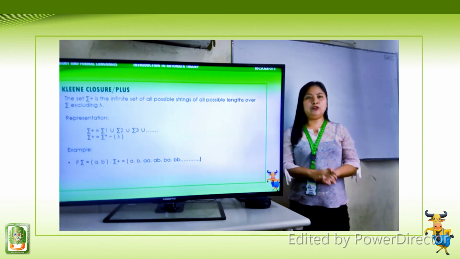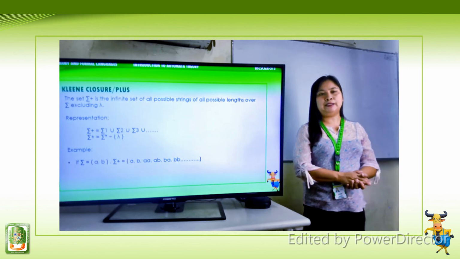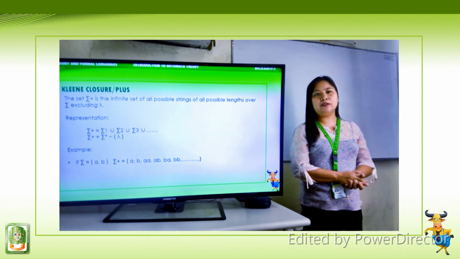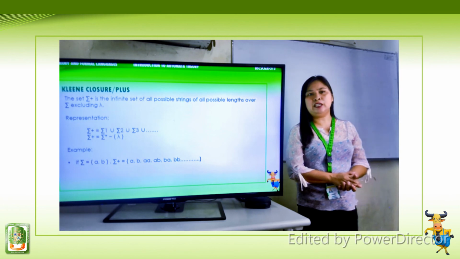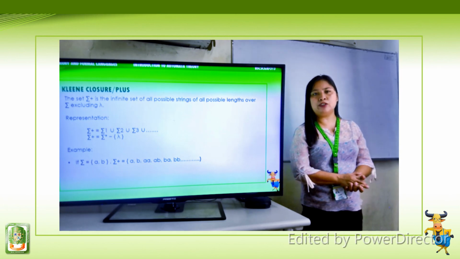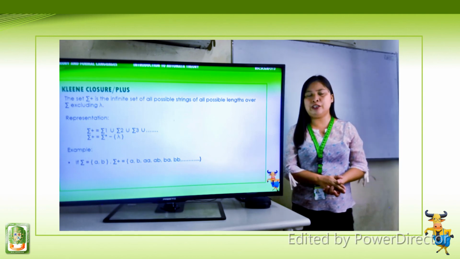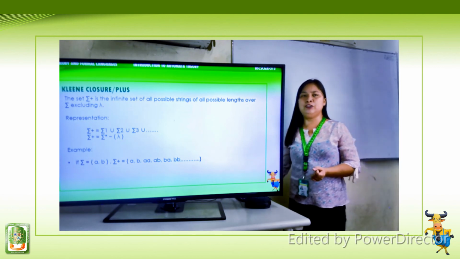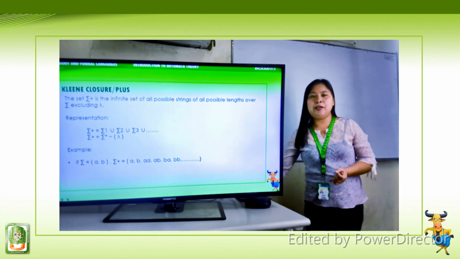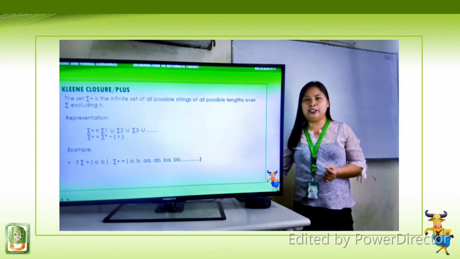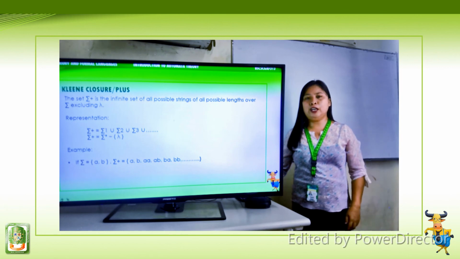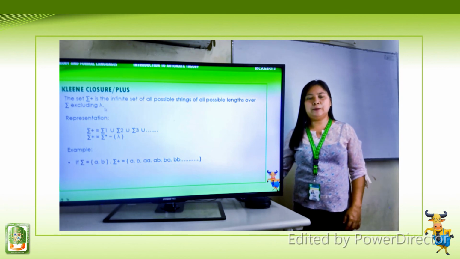For the Kleene closure or Kleene plus, the set is the infinite set of all possible strings of all possible lengths over the alphabet, excluding the empty string. It is similar to the Kleene star, but we exclude the empty string. So, this is the representation of the Kleene closure or Kleene plus.